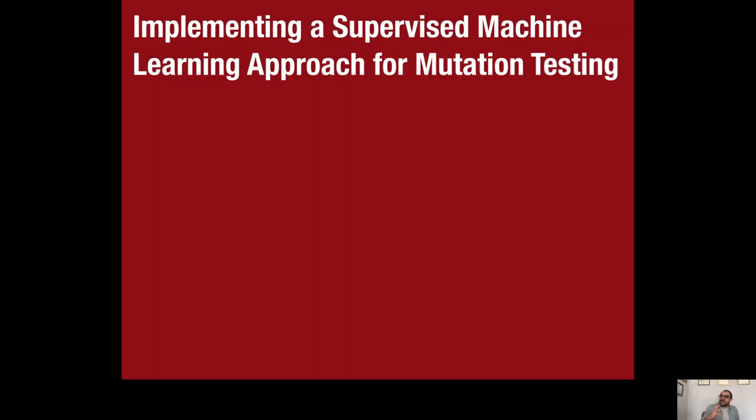So let's take a look at how we implemented this solution, how we allow mutation testing and software analytics to meet.